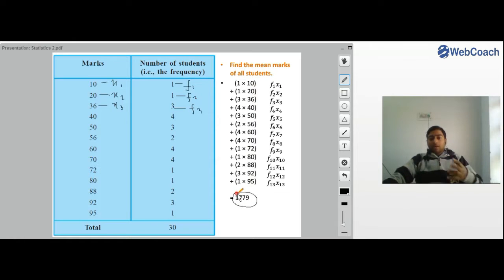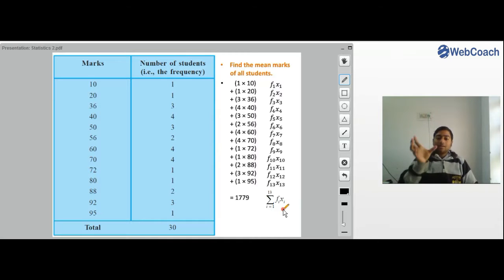And the sum, we can write it in a short way as a formula as summation of fi xi, and in this the value of i varies from 1 to 13. The value of i varies from 1 to 13, and this is what the summation means.